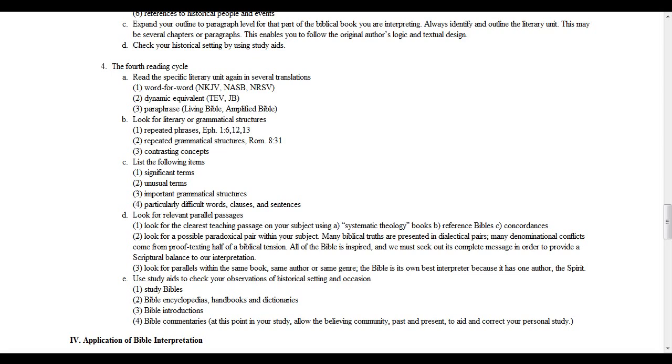Many Bible truths are presented in dialectical pairs. What that means is the Bible is Eastern literature. It's not Western literature, and you have to understand how they present truth. It's different than the way we present truth.